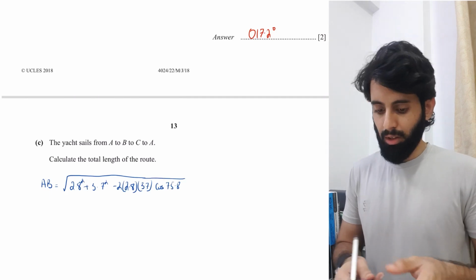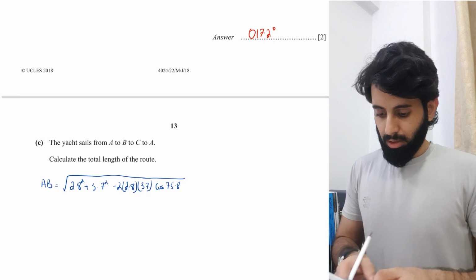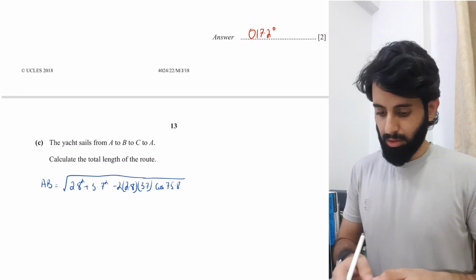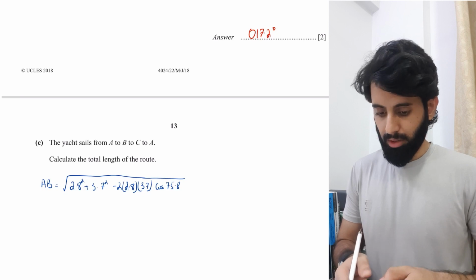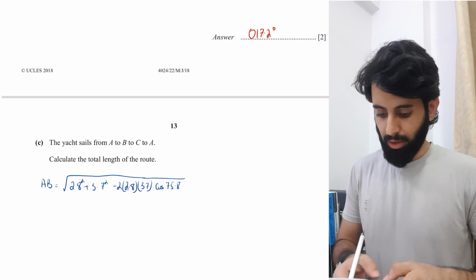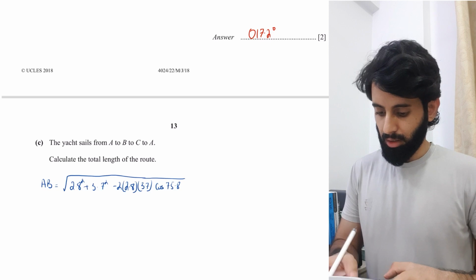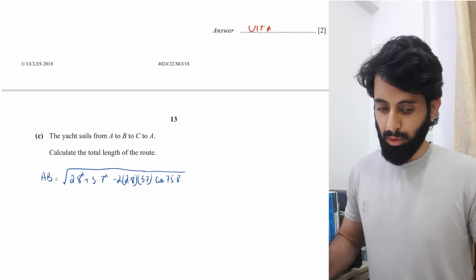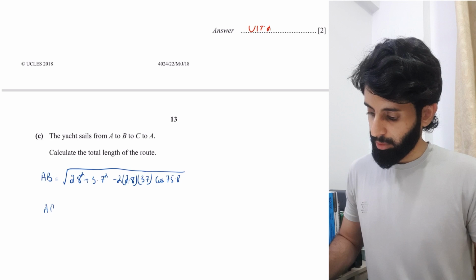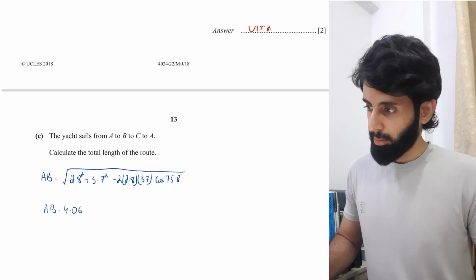Let's work this out. Then I take the square root of the answer, so this turns out to be 4.05, which I'm going to round to 4.06.